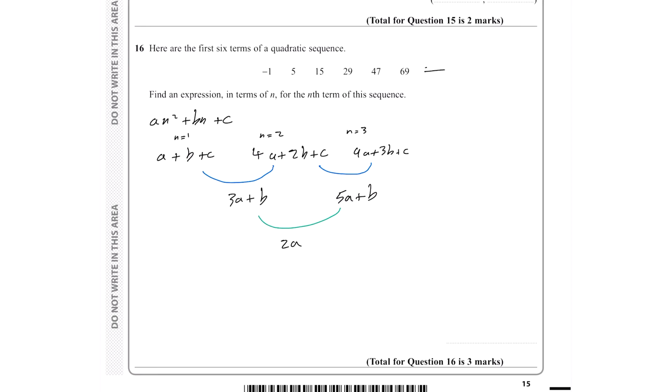So now if I look at the question, if I write out some values, we have -1, 5, 15. I'll write this a little bit lower, just so it's on the same line.